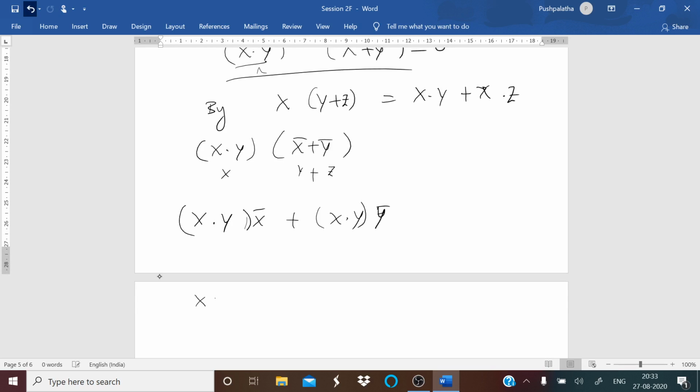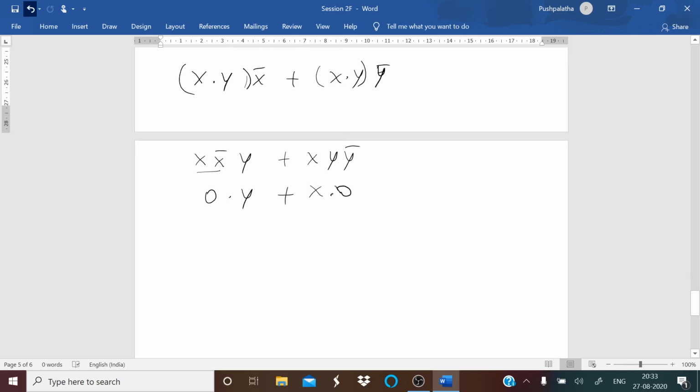So remove the brackets. x into x bar into y plus x into y into y bar. Just rearranging. x into x bar by complementary law is 0. 0 into y plus x into 0. y into y bar is 0. So 0 plus 0 again is 0.